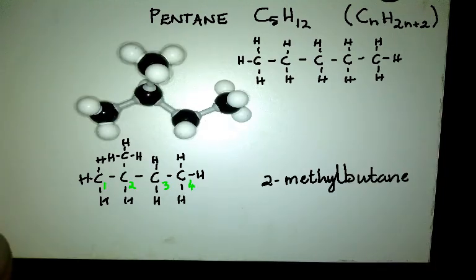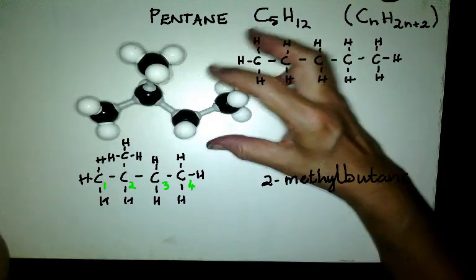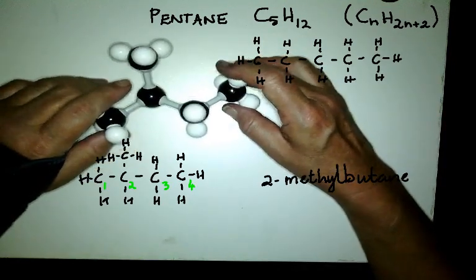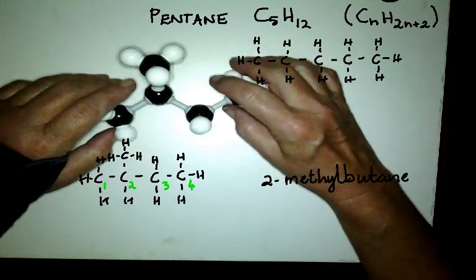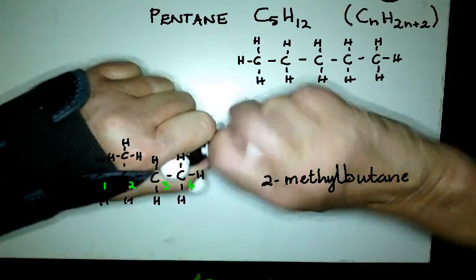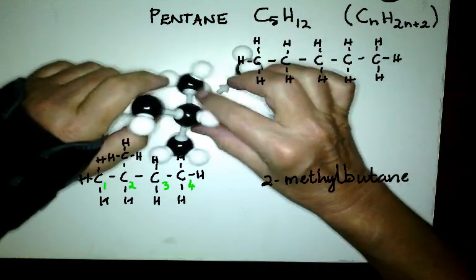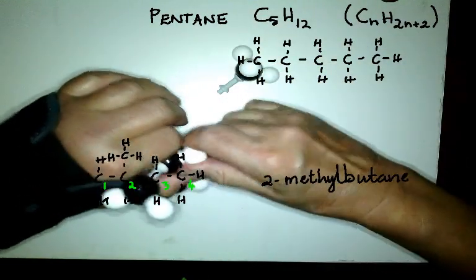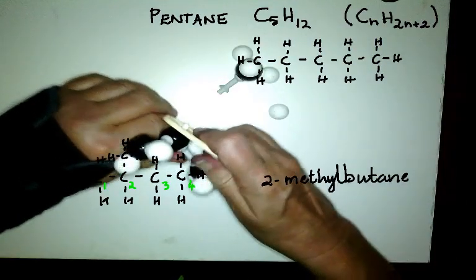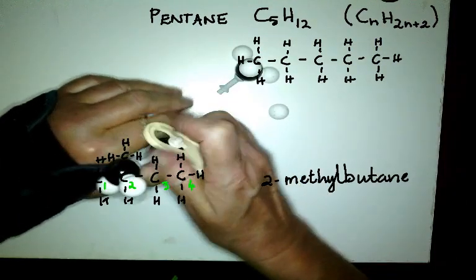Can't we make the chain shorter? Can't we take another atom from the longest chain and add it somewhere else, and still have C5H12? Let's see. I'm busy doing the wiggling stuff here.